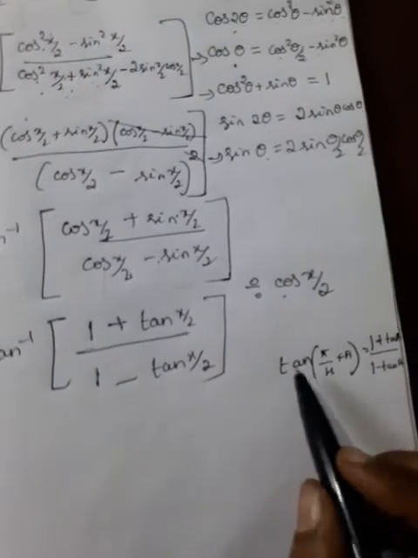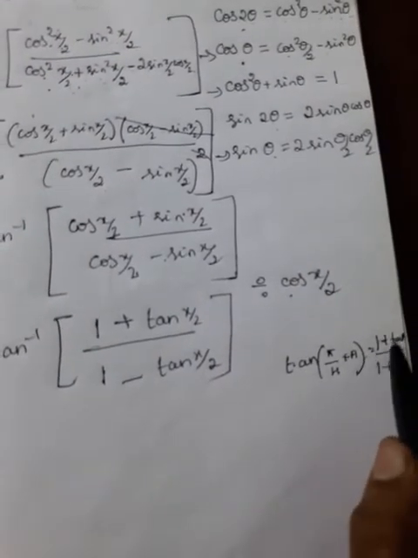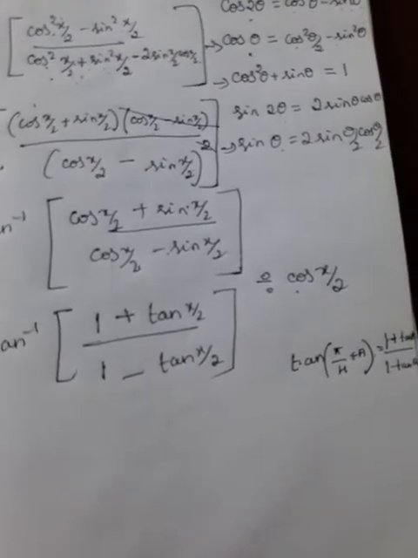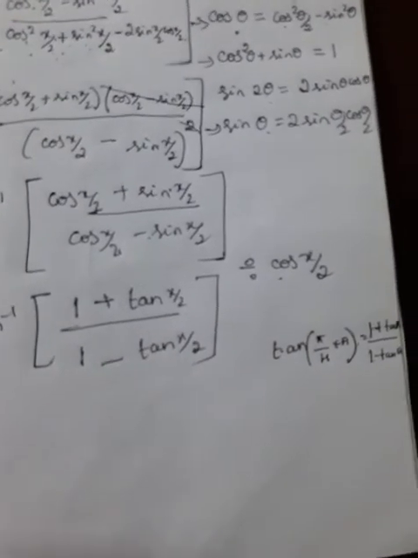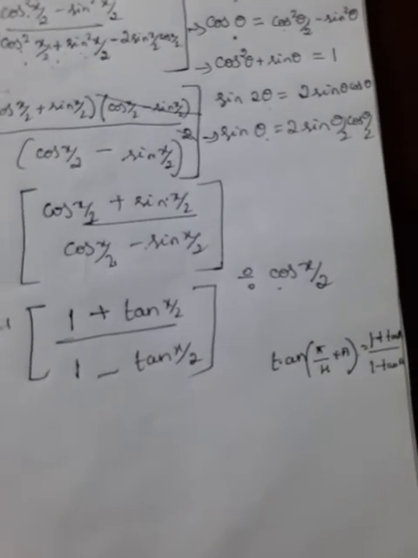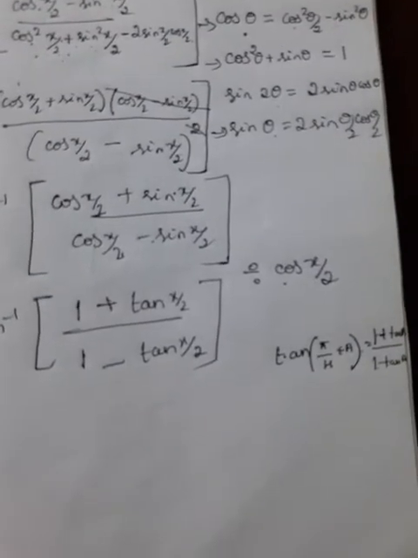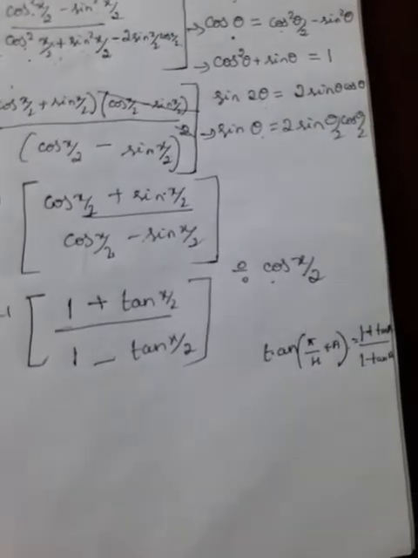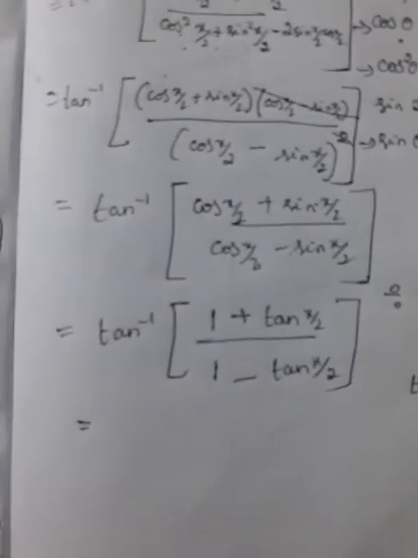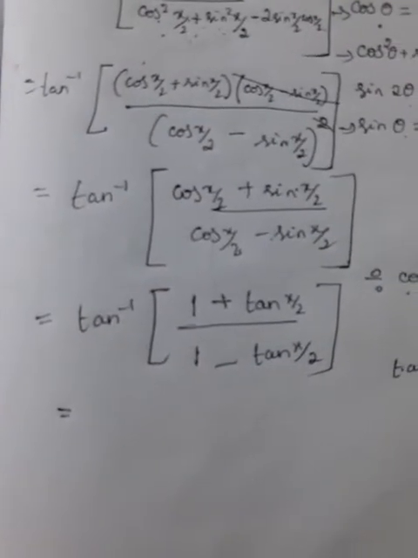Tan of a plus b is equal to tan a plus tan b divided by 1 minus tan a tan b. Tan of pi by 4 value we know, that is 1. Therefore tan of pi by 4 plus a is equal to 1 plus tan a divided by 1 minus tan a. This is in the form of that one only.